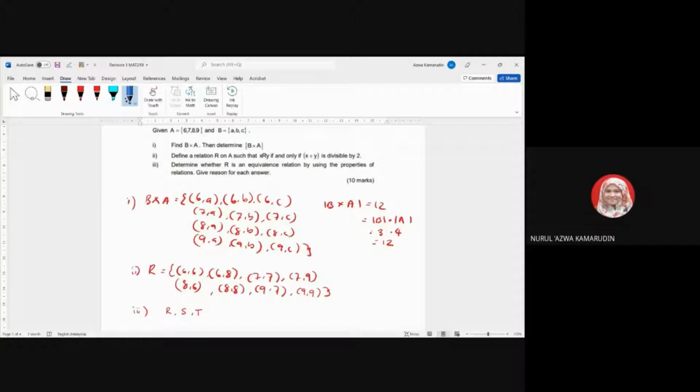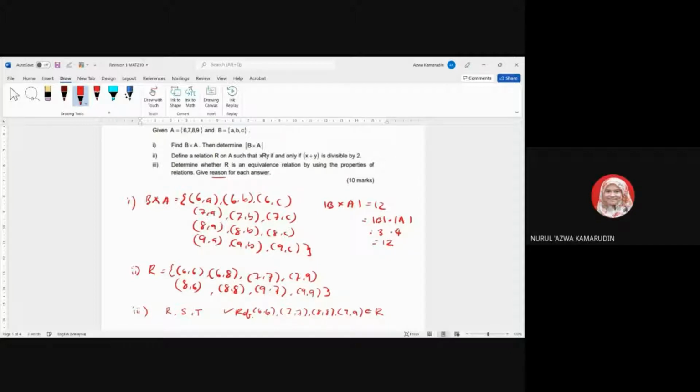Sebab dia ada elemen 6, 7, 8, 9, reflexive dia mesti ada 6, 6, 7, 7, 8, 8, 9, 9. So this is reflexive. You kena bagi reason sebab dia minta reason. So reason you kena beritahu semua elemen 6, 6, 7, 7, 8, 8 dan 9, 9 ni is in R. This is reflexive.